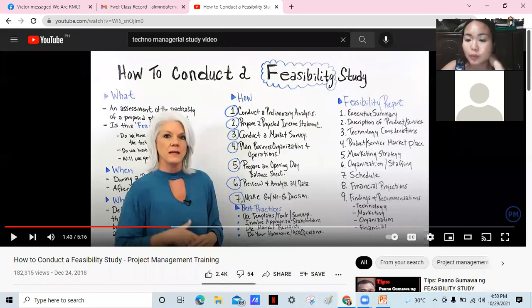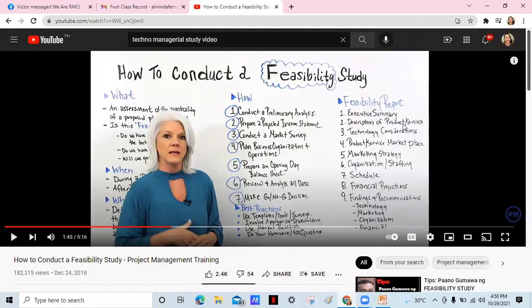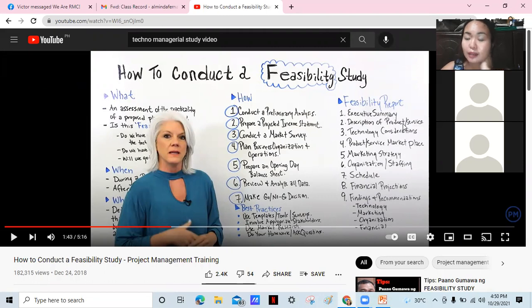So, sino ba yung mga group 1? Kayo ni John Ray? Yes, John Ray. Yes po, ma'am. Yeah, may I know kung ano yung chosen proposal ninyo as a group? Di ba, nagsabi po ako sa iyo, ma'am, last time na umalis po ako sa group 1. So, ano na yung final ninyo? Okay.